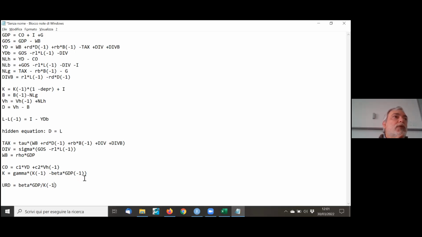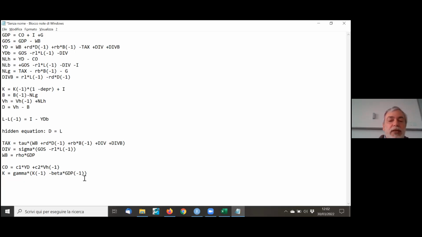So if the stock of capital is not totally used, you have that output is below potential with respect to an average ratio of output to capital. So let's try to work this out.